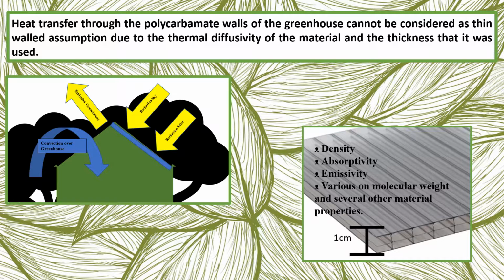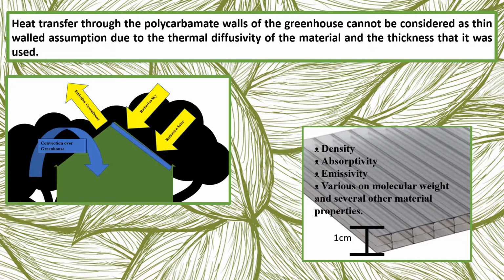When analyzing the outside of the greenhouse, it was determined that the convection over the greenhouse would be a significant factor in the energy lost from the greenhouse, being approximately 750 to 1,000 watts depending on the velocity of the air at the time. Although, initially when I did this, I assumed a thin-walled experiment with the polycarbonate panels on the top of the greenhouse.